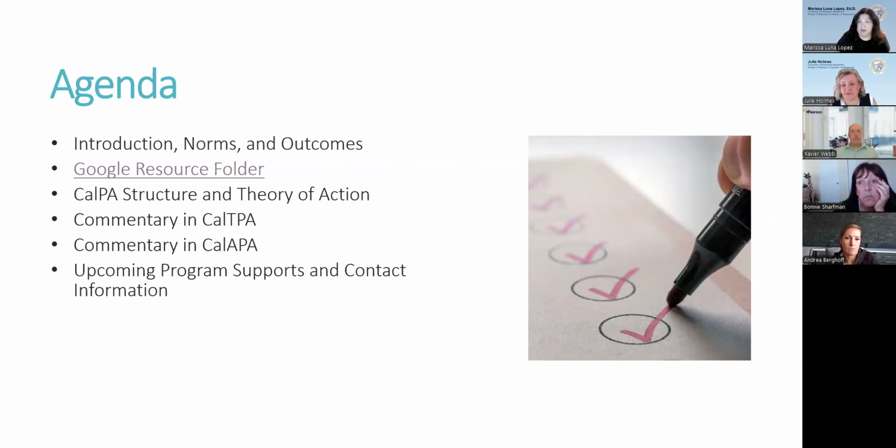Some of you are here for CalTPA, some of you are here for CalAPA. We will be talking about both these performance assessments with regard to commentary and video. We'll be talking specifically about commentary with the CalTPA and commentary for CalAPA, and then upcoming program supports and contact information. Go ahead and go to the next slide.